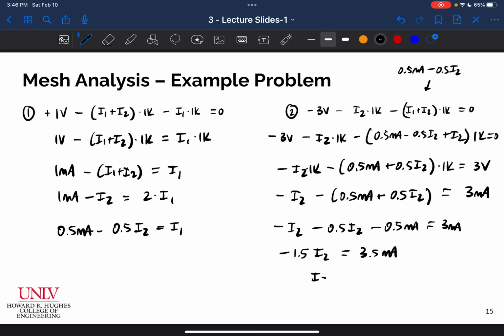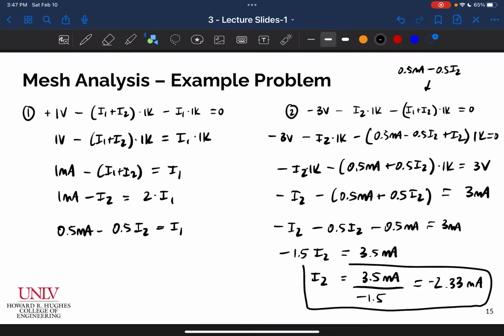So I2 is going to be 3.5 milliamps divided by negative 1.5, or 3.5 divided by 1.5 gives me 2.33 milliamps for I2.